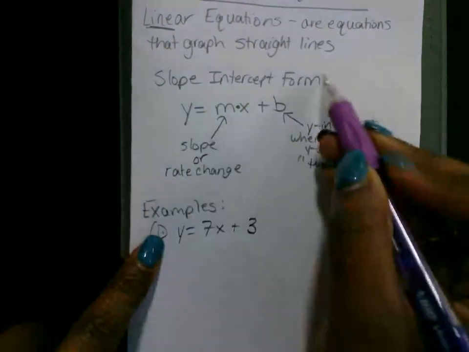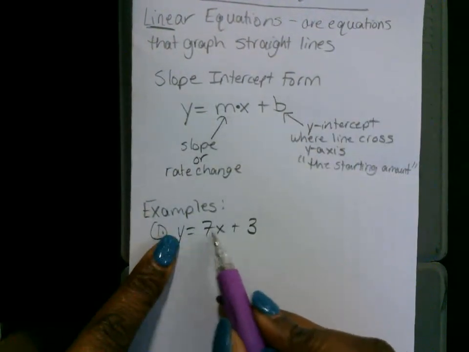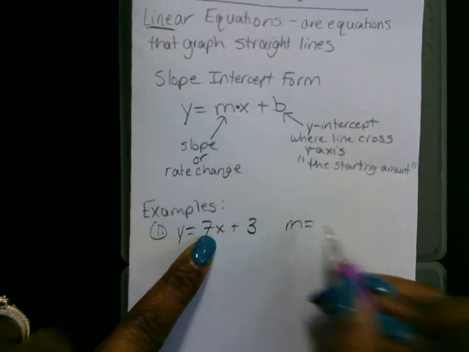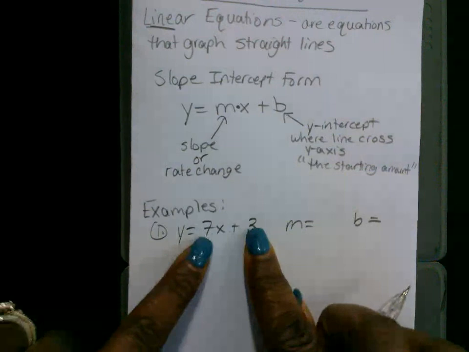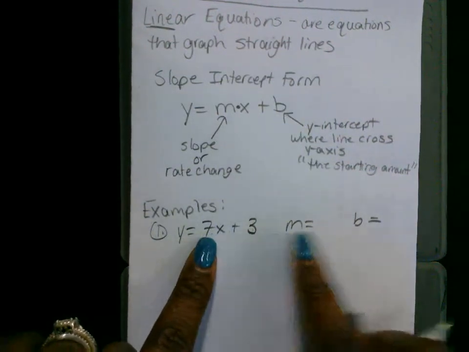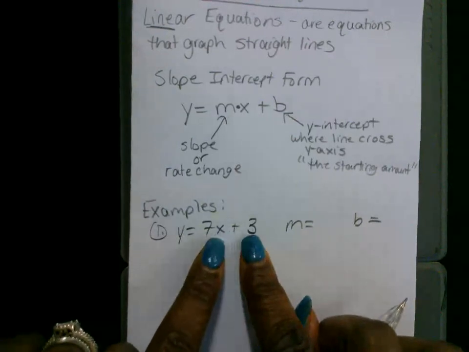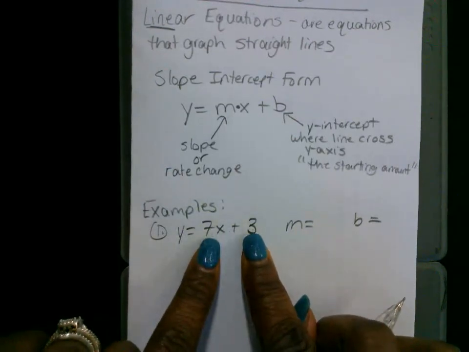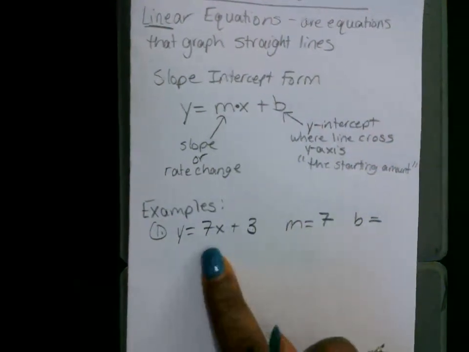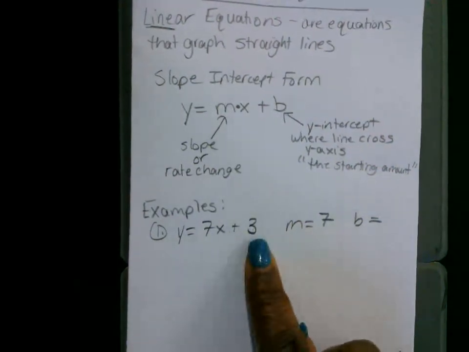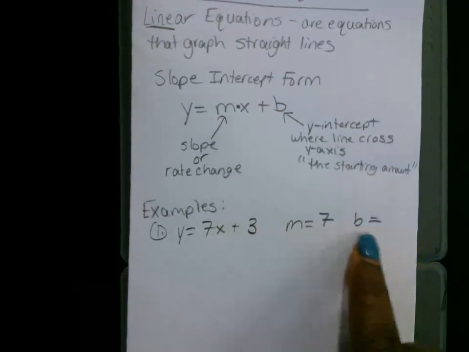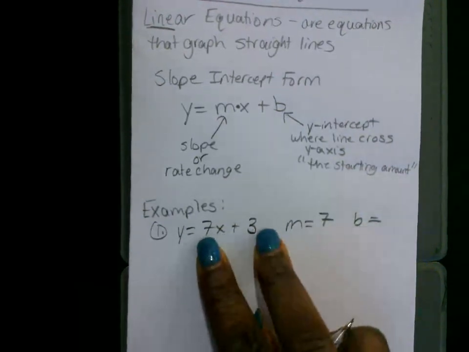This is written in slope-intercept form. Y equals mx plus b. Which one of these numbers would be the m, and which one would be the b? It's only two numbers. Which one of these numbers, 7 or 3, would be the m? 7. Which one of these numbers, 7 or 3, would be the y-intercept, or b? 3.